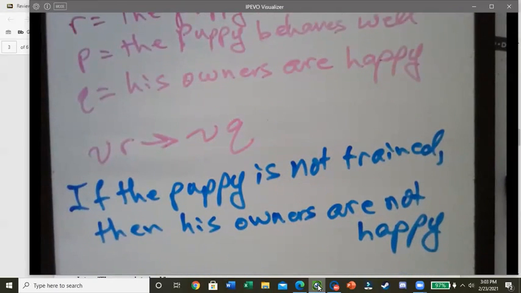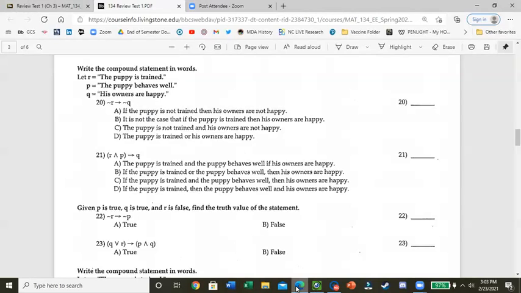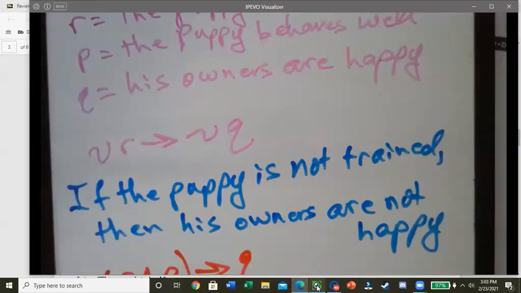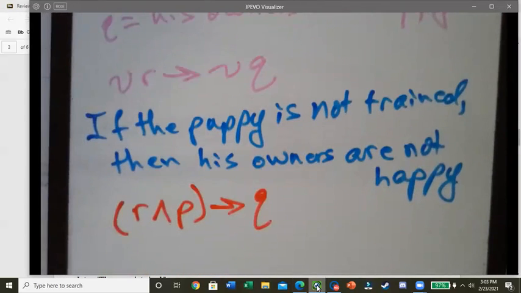All right, so let's look at the next problem. So the next problem is parentheses R and P, if R then P, then Q. All right, so in this case, here's our board again. So here we would start off with if.